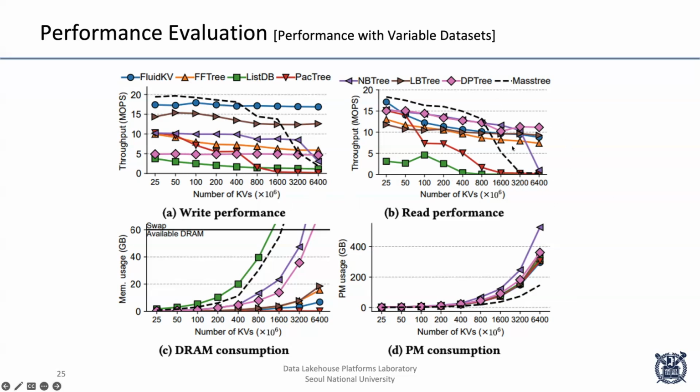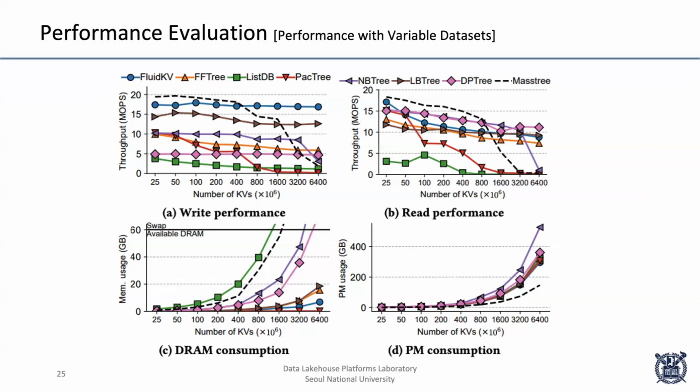Reads in figure B, they remind us of what they said earlier, which is competitive read performance with a single stage indexing. So it's not the best, but it's acceptable. And then listDB and PackTree have particularly significant performance degradation at the large data volumes.